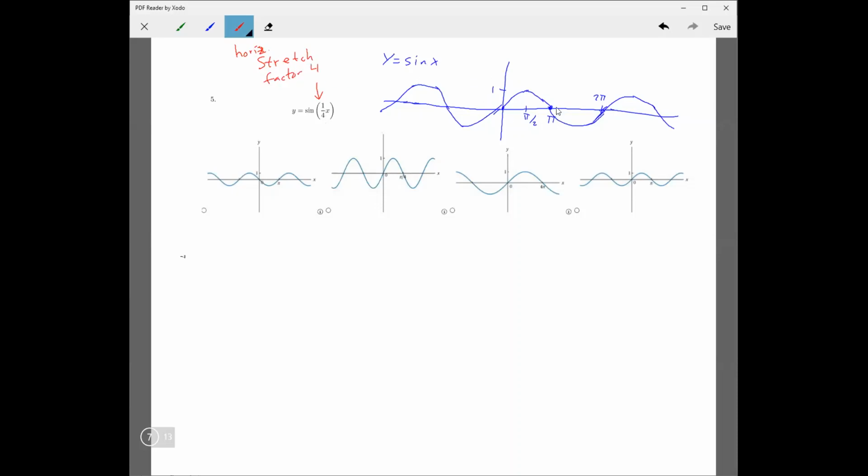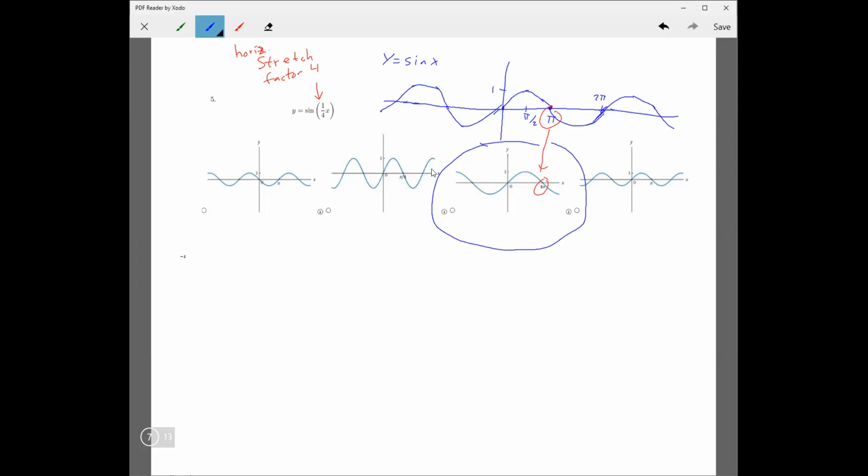That means that in doing this first hump right here, instead of going from 0 to pi, you're going to go from 0 to 4 pi. So this third one is going to be the answer, because none of the rest of them do that.